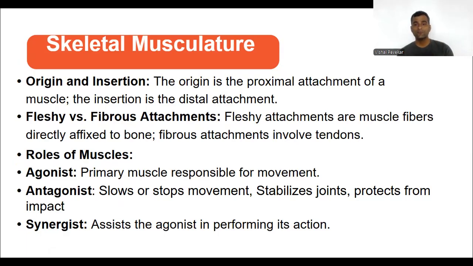So with training, what happens is your antagonist will get conditioned and will know when to stop and when to fire, right? So this is important from a training perspective, because if you ask a new beginner to do a full range of squat, he may have difficulty. He may not have any mobility problem, he may not be obese, he may be physically fit, but the problem here is his antagonists are overactive, firing when it's not required, right? So important from a training point of view.